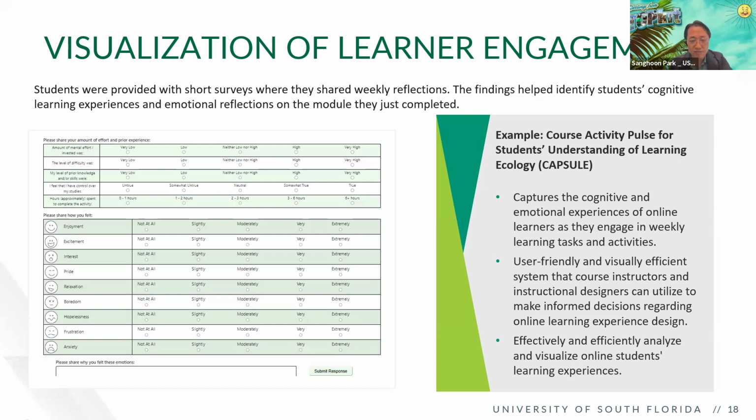On the bottom half of the survey, we ask a series of questions about their emotions so that we can better understand how students felt about this particular weekly module and how that's related to their cognitive experiences. And at the bottom of the survey, we have an open-ended response section where they can feel free to write anything they want to tell the course instructor.